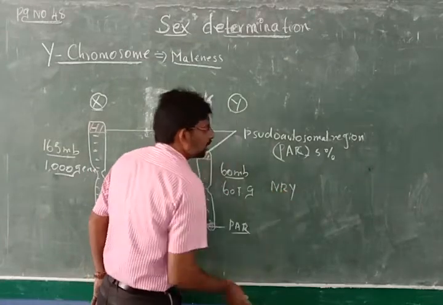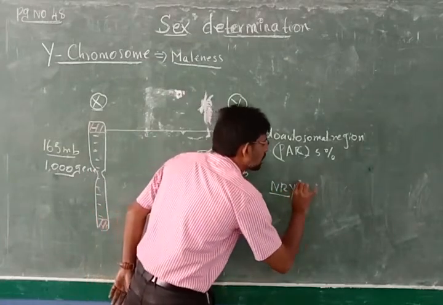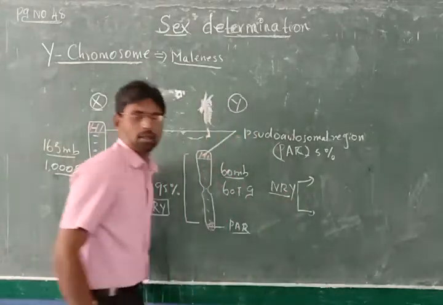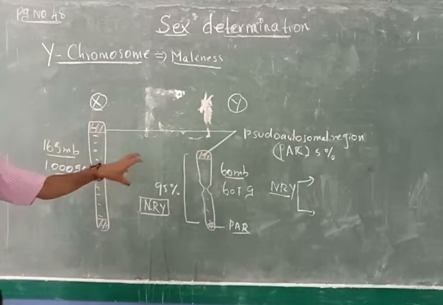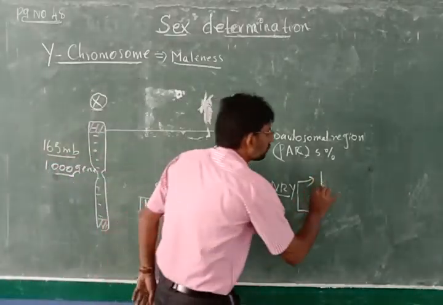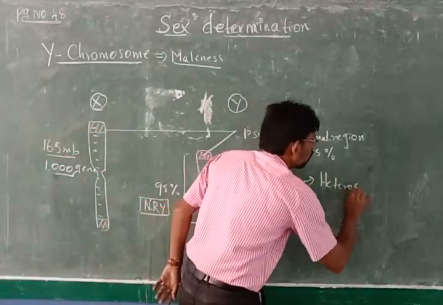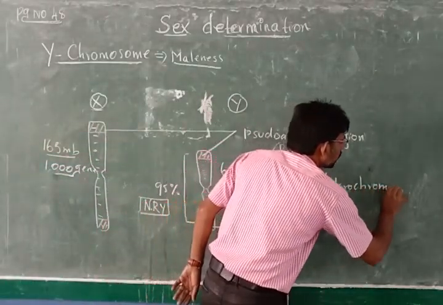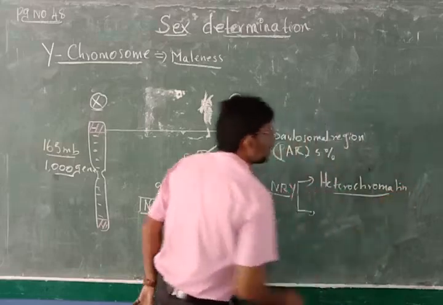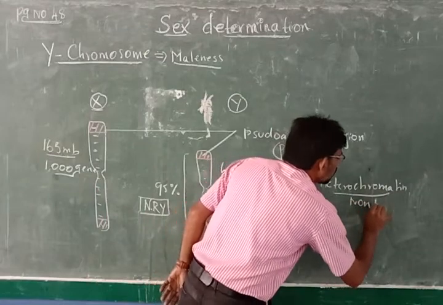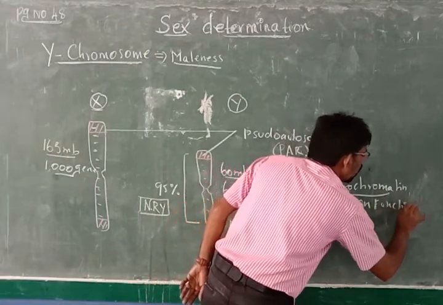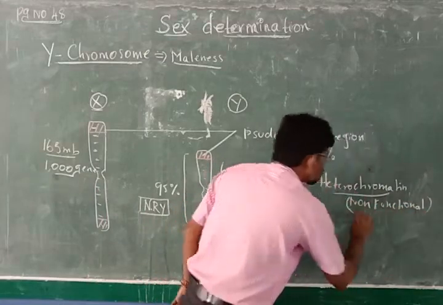This NRY region is of two types. Out of this 95%, some regions are called heterochromatin. Heterochromatin is otherwise called the non-functional area. It is not undergoing any function at all.